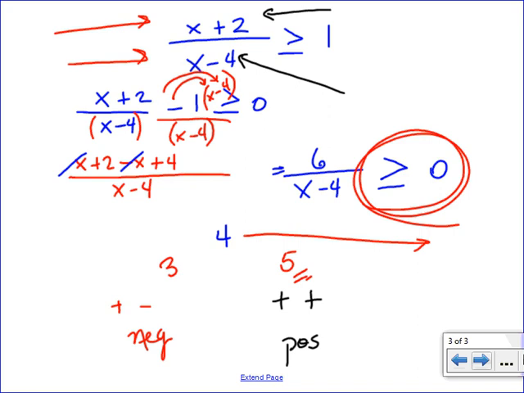So my solution set will be from 4 to infinity. Infinity gets the parentheses, and because 4 is not in my domain, I must use a parenthesis so that I am not including it. The areas where I get positives will be from 4, non-inclusive, to infinity.